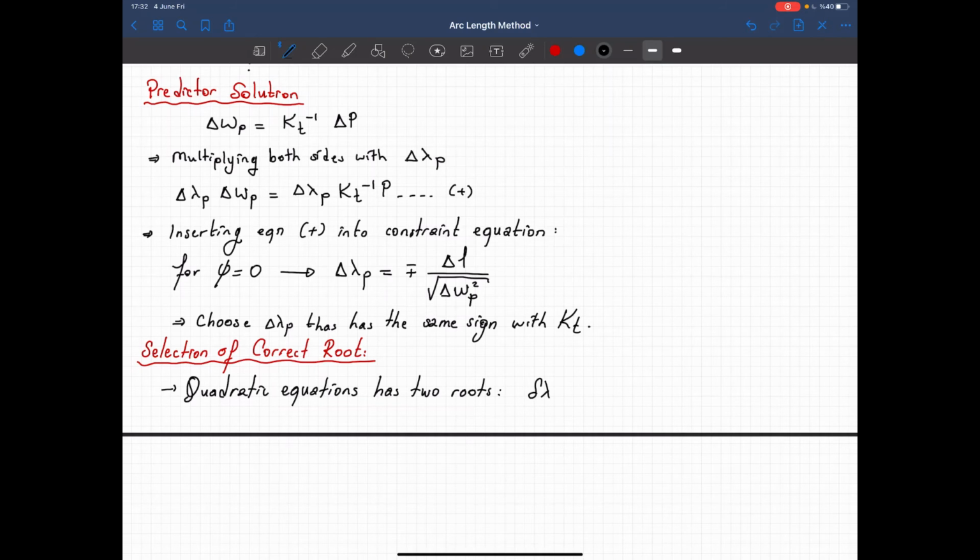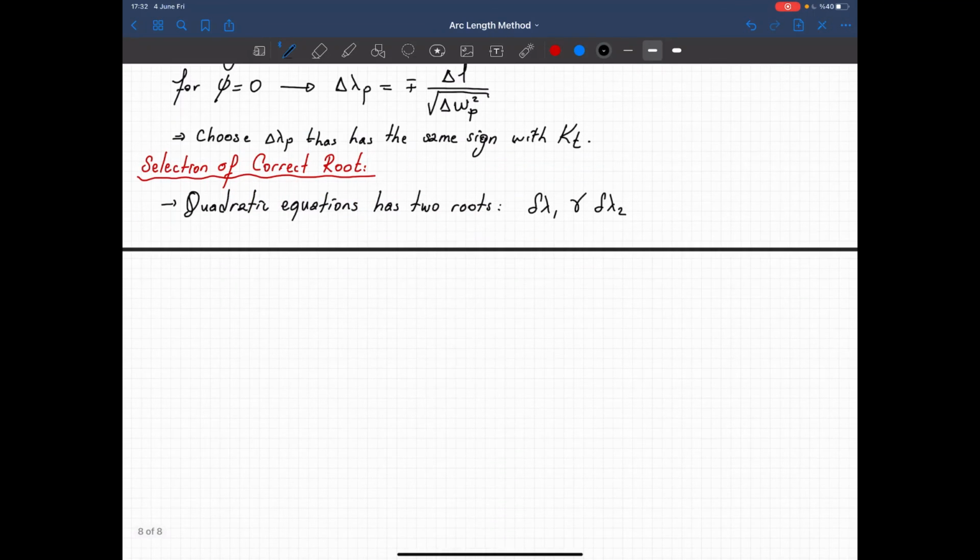Let's call the roots delta lambda 1 and delta lambda 2. One approach is, in order to choose the appropriate delta lambda, the projections of these vectors, I'm just writing it for the general multi-degree of freedom case.